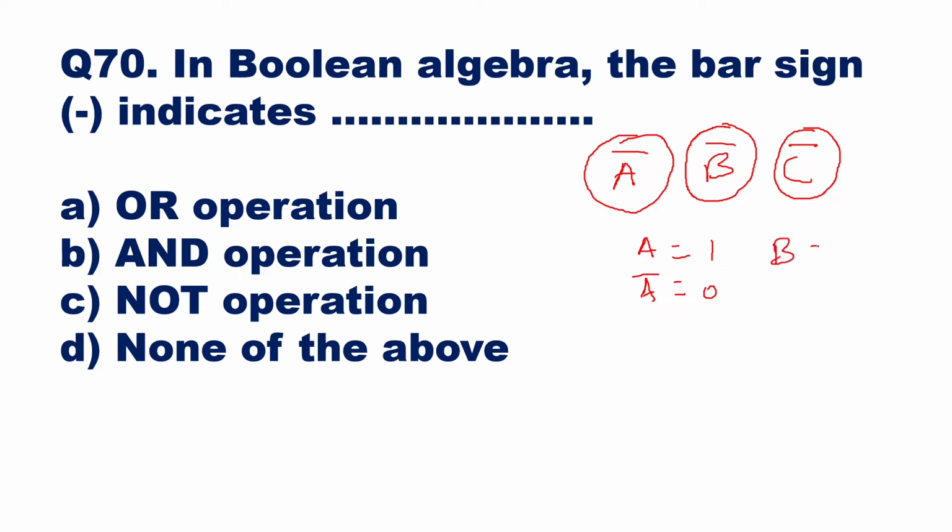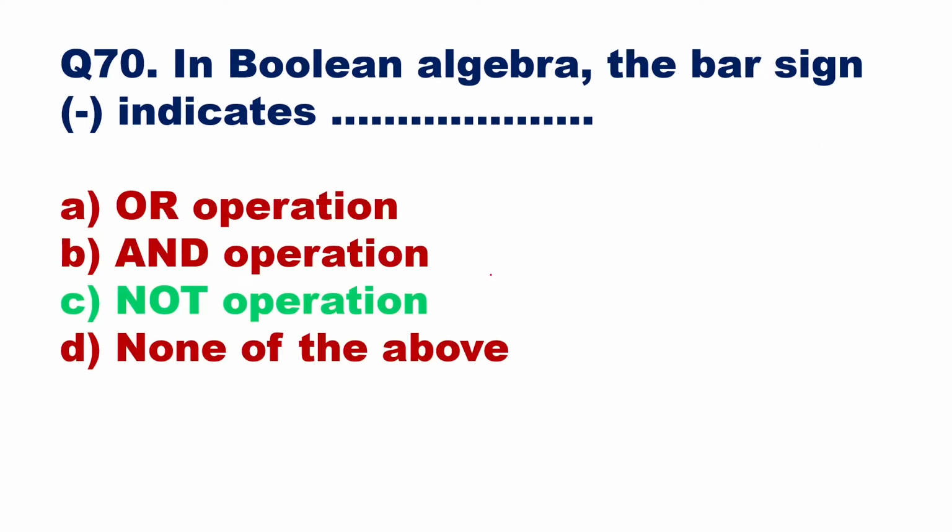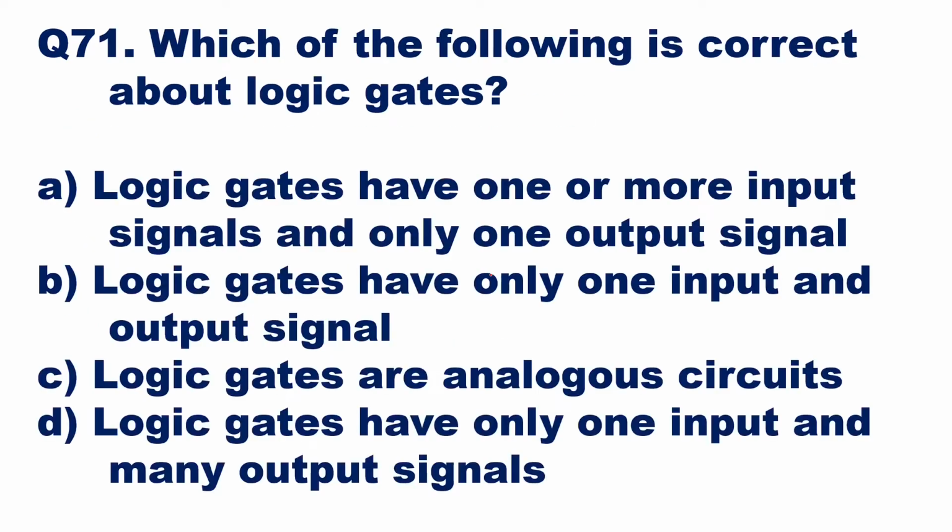If B is equal to 0, then B bar will be equal to 1. That means you are going to complement the actual value. That is, the actual value is operated by NOT operation. In Boolean algebra, the bar sign indicates NOT operation. So option C will be the right answer here. Then we'll go to the next question.